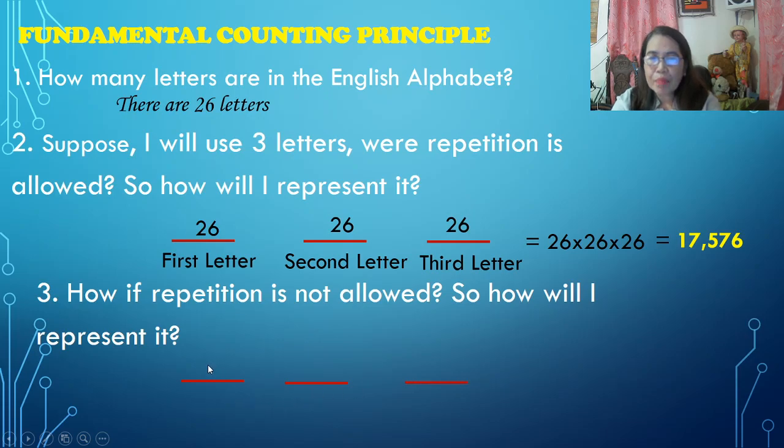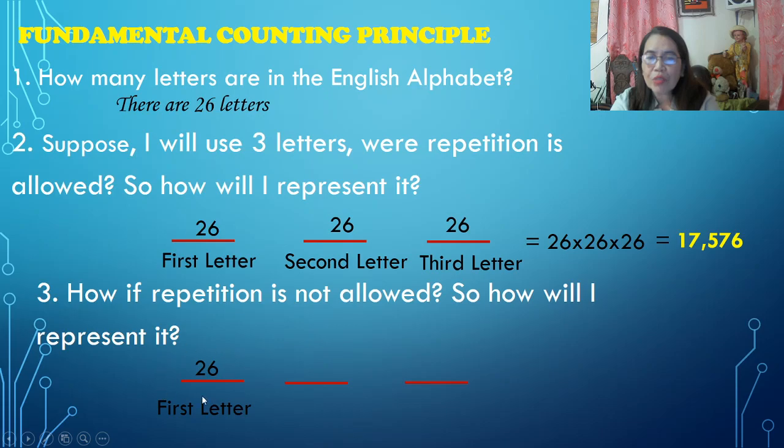So, para sa first letter, kung 26 yun, magagamit ko ba lahat? Yes, of course. So, magagamit mo lahat yung 26 letters. Para sa second letter, ang sabi dito, repetition is not allowed.